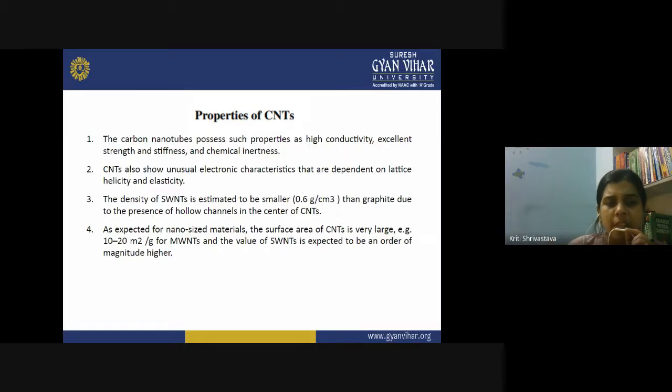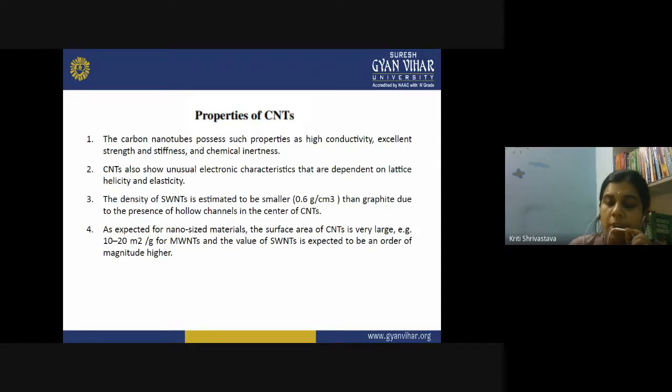For any type of nanomaterial, it could be nanomaterial of any metal or any element, generally it has been said that the nanomaterials have shown improved properties as compared to the bulk material. So the simple reason is they have large surface area, surface to volume ratio. This is very large. So what happens due to that? Their properties are now very changed.